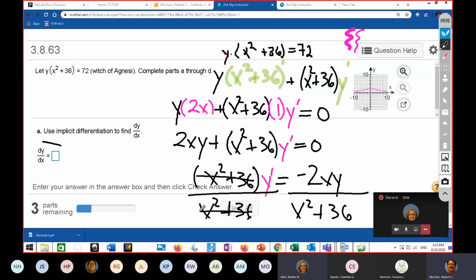The witch of Agnesi is kind of a misnomer. If I remember correctly, Margaret or Miriam or Marie Agnesi was a mathematician, and like other mathematicians, she found this in the margins of Fermat's notebooks.